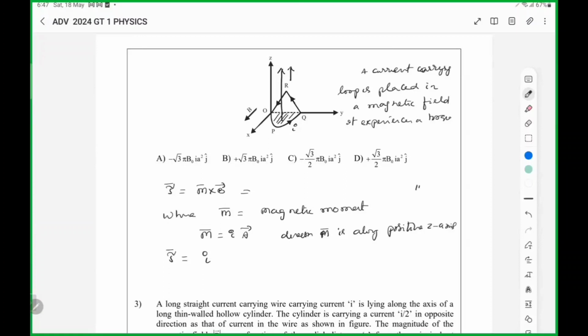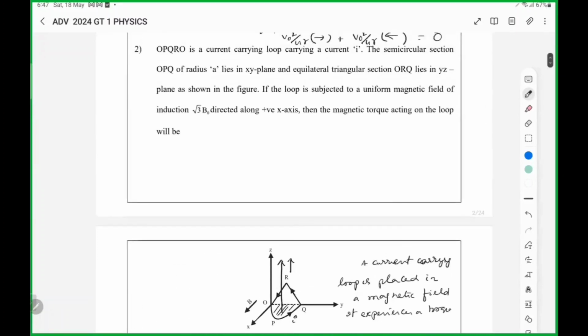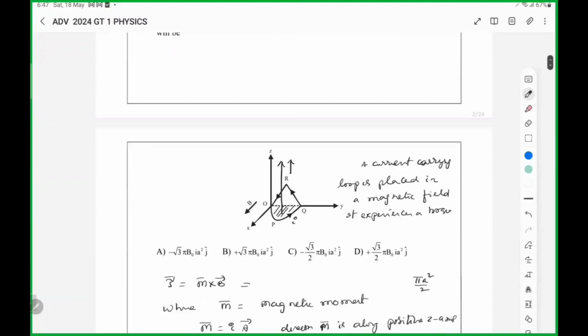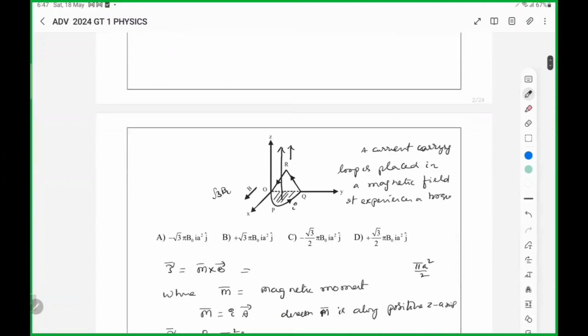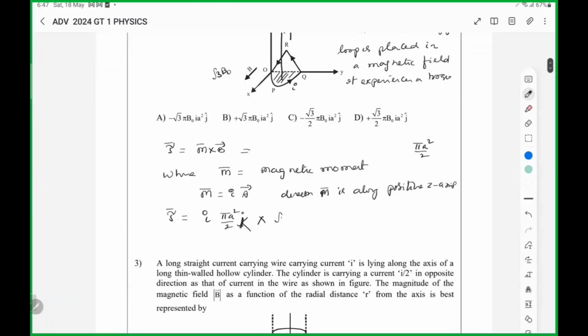It is a semicircle whose area will be pi a squared by 2, and the magnetic moment direction and area direction are one and the same, along z-axis, k cross B bar. Magnetic field is given as root 3 B naught along the positive x-axis, so root 3 B naught i.